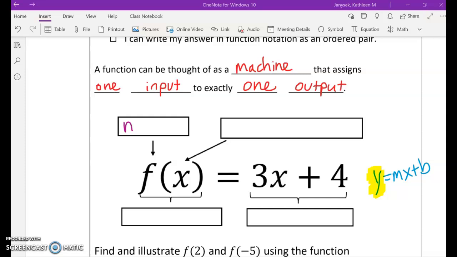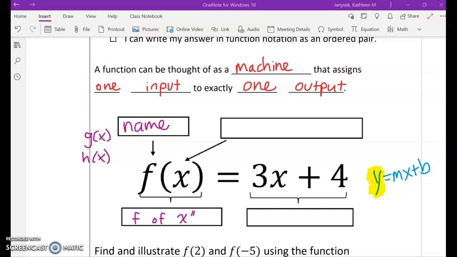Okay, that's its name. So we might have other names instead of f, like g of x or h of x. And that's how you say it, by the way. I'm going to write it here in quotes so you know how to say it. "F of x."